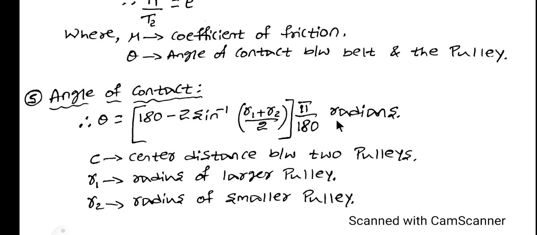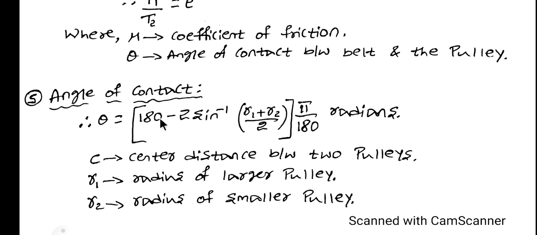To convert that into radians, I have multiplied it by pi divided by 180. This formula is for the open belt drive. The negative sign means I have to use this for open belt drive, and for the cross belt drive you have to use the positive sign.